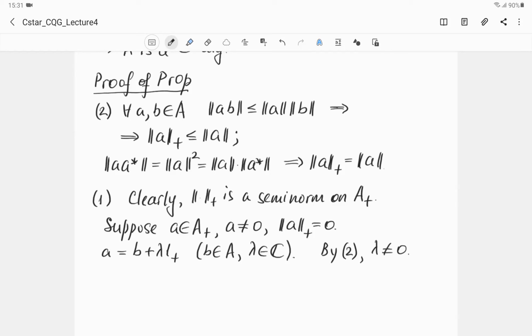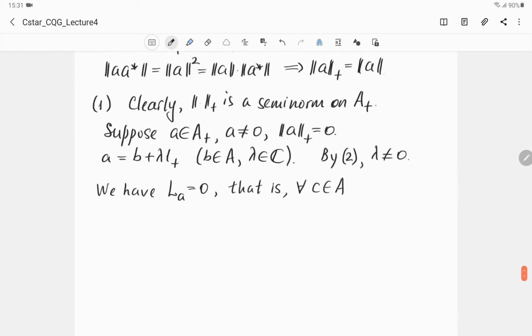So now the seminorm of a is 0, which means that the multiplication operator by a is 0. That is, for each element C in our algebra A, AC is 0.